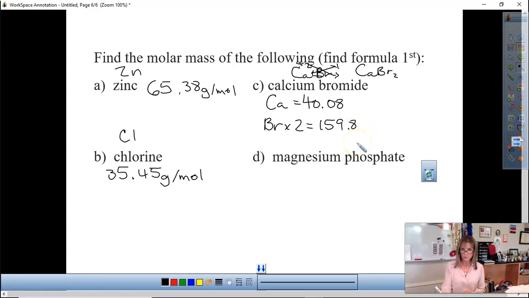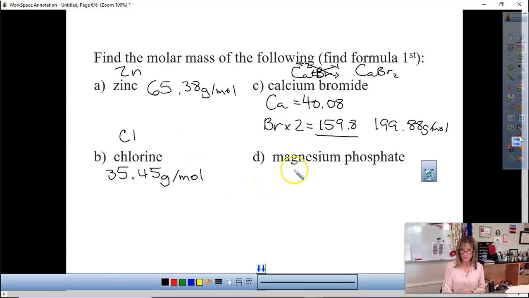So what do you think we do? Last step, add them together, and that's going to be the molar mass. So plus, and I get 199.88 grams per mole. Ta-da!